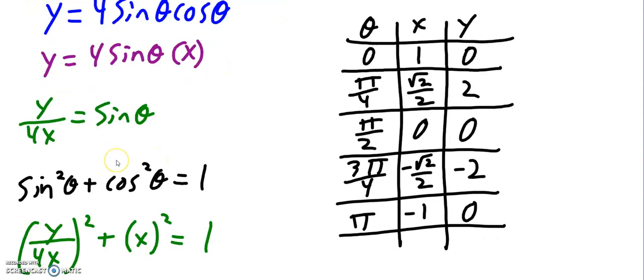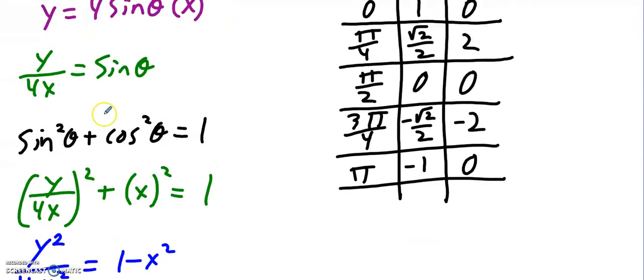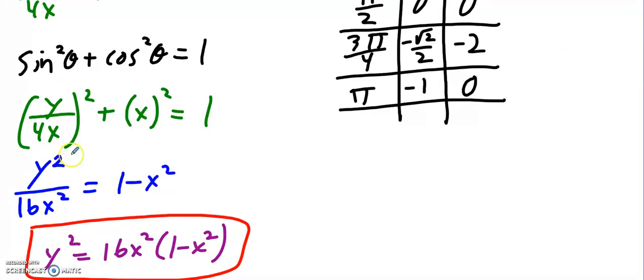Okay? Well, I still haven't eliminated the parameter yet, but I know from trig identities sine squared theta plus cosine squared theta equals 1. I know sine of theta is y over 4x, and I know cosine of theta is x. So boom, eliminated the parameter. So I have y over 4x, quantity squared, plus x squared equals 1.